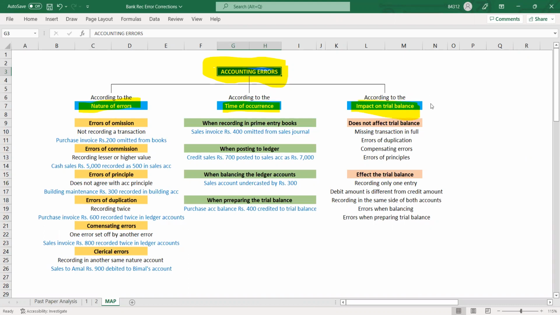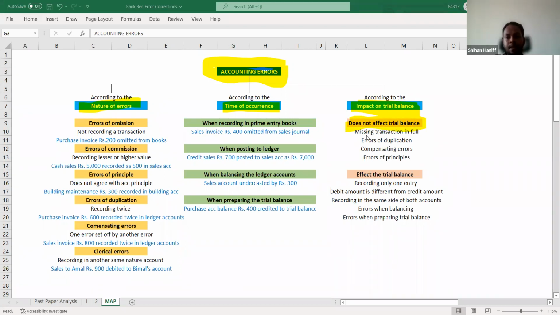If you take impact on the trial balance, there are some errors which do not affect the trial balance. Examples like missing transactions in full. If you miss the entire transaction, it does not affect debit and credit of the trial balance. Errors of duplication, compensating errors, errors of principles. These types of errors do not affect the trial balance.